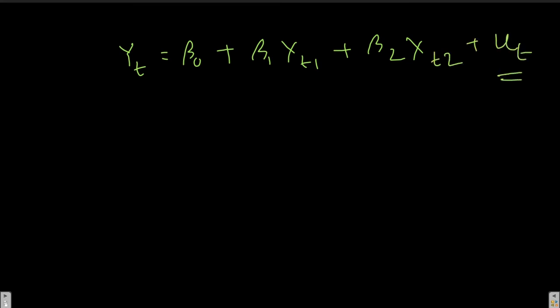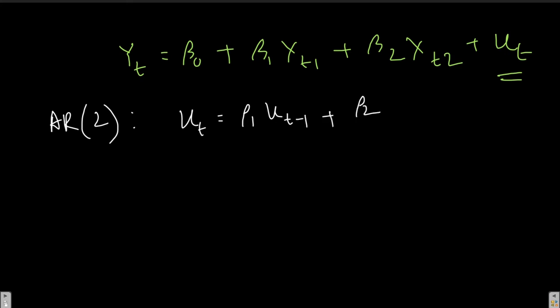Here ut is the error term, and the problem we are trying to deal with is that we are assuming ut has some autocorrelation structure. Let's say in this case it is an AR2 process, so ut is equal to rho 1 ut minus 1 plus rho 2 ut minus 2 plus some innovation term. Now what would be the hypothesis test for this?